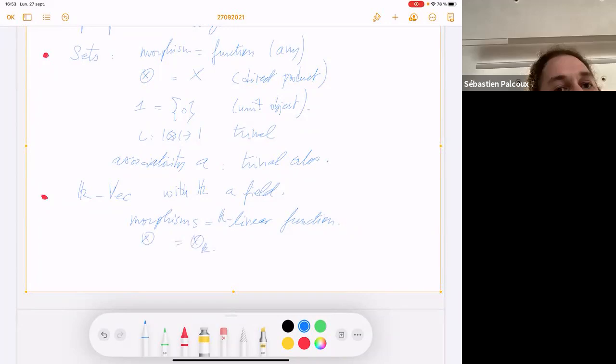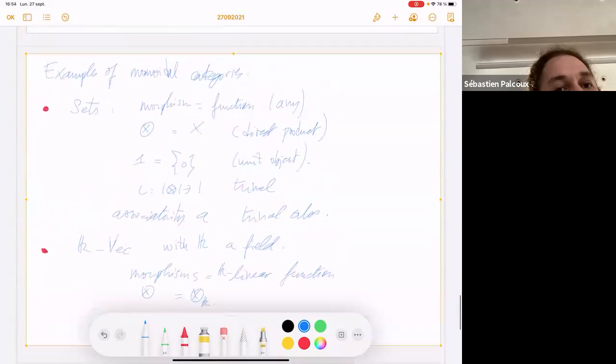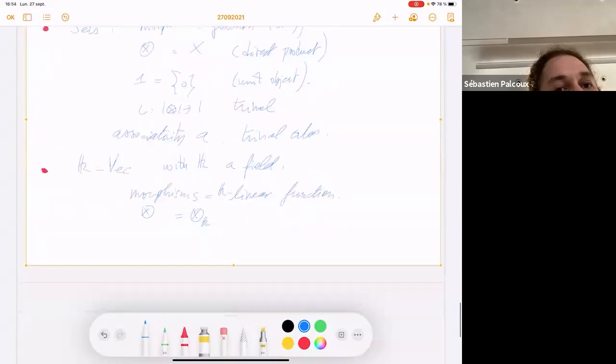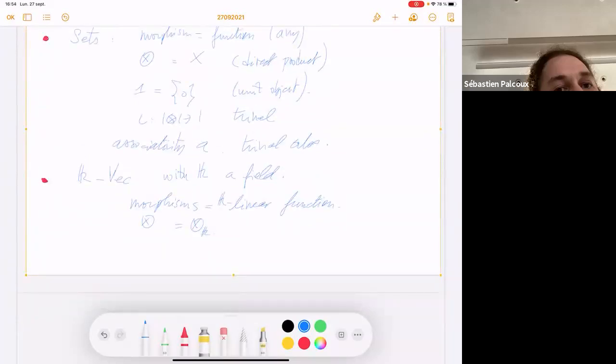Of course I did not explain in detail the tensor product over a field. I guess Yi Long explained that in his course, but I don't want to explain that. The unit one is just K itself, a one-dimensional vector space.